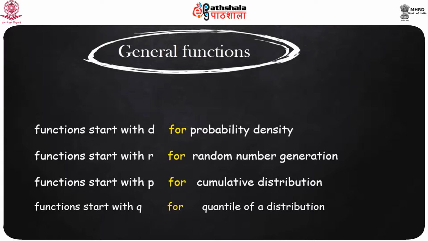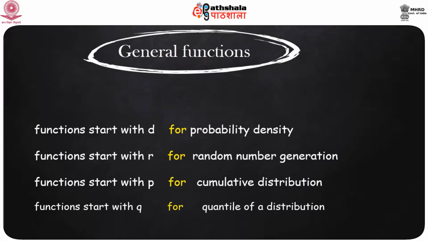Again, the dnorm function, as we have seen, a function with prefix D, is used to get the normal probability density with a given mean and standard deviation, of course, that had been specified previously. Again, the pnorm function was used to get the cumulative distribution function for a normal distribution.